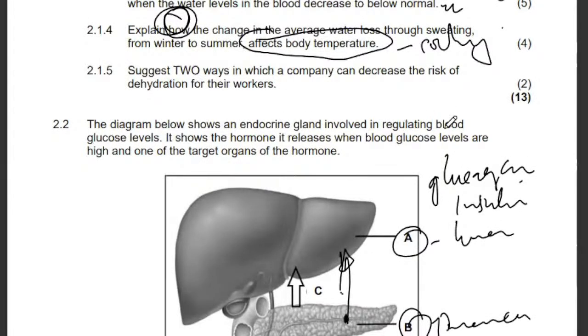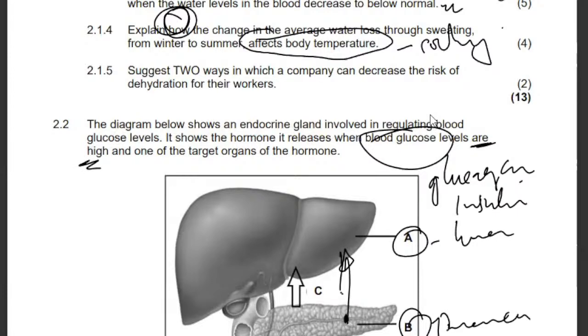The question says the hormone is released when the blood glucose level is high, meaning too much glucose, so you have to convert glucose into glycogen.